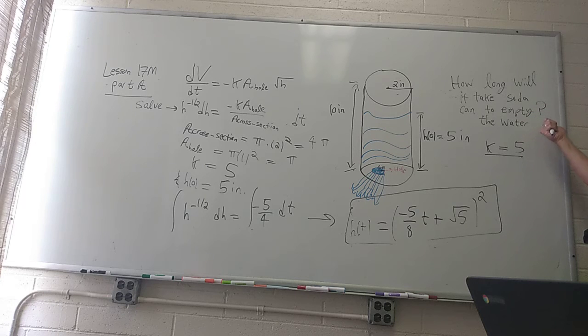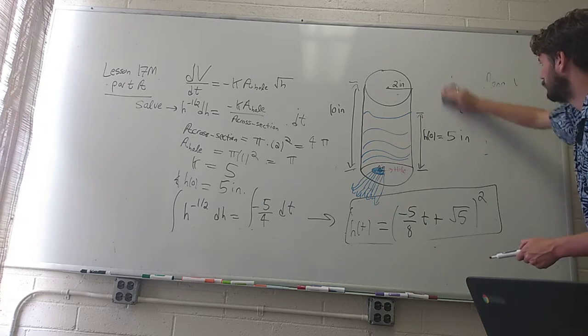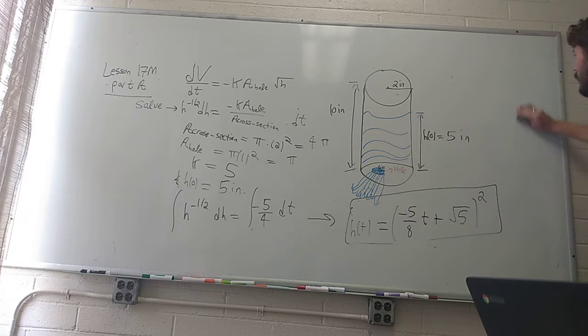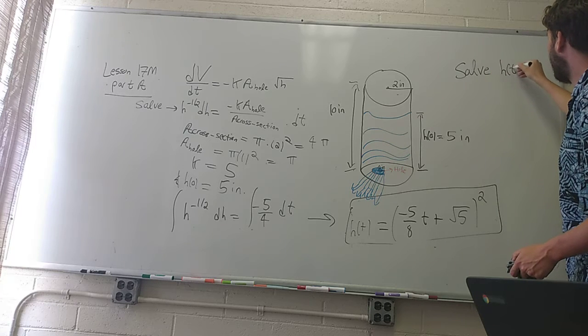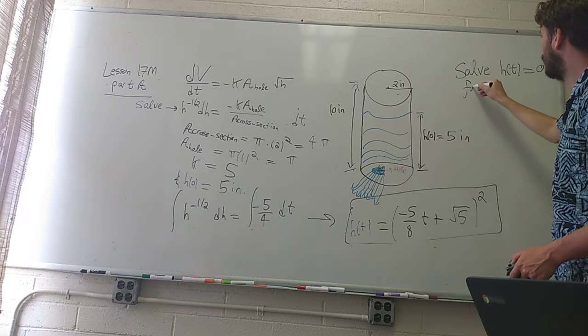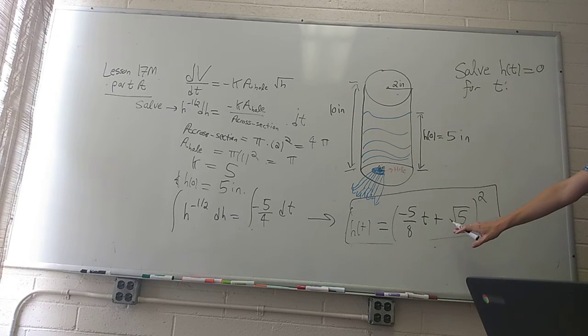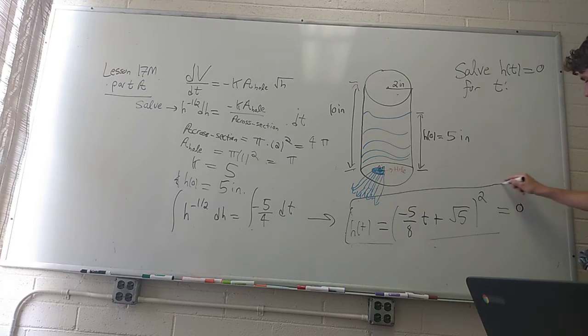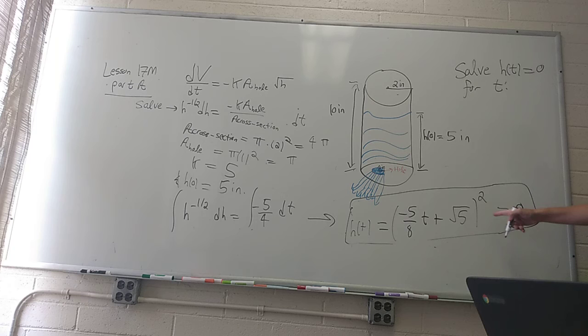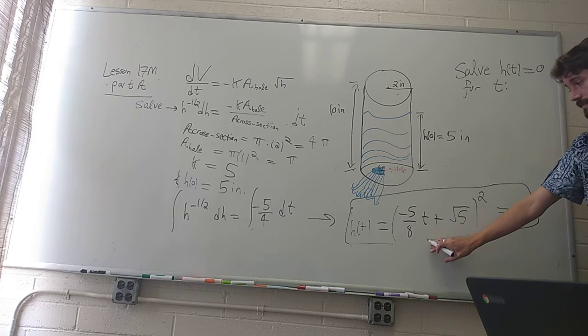How are we going to deal with this? This is words. How long does it take the soda can to empty the water? We can translate that to the following in the language of math. Solve h of t equal to 0 for t. How do we do that? We set this equal to 0 and solve for t. If something squared is 0, that means that something has to be 0.